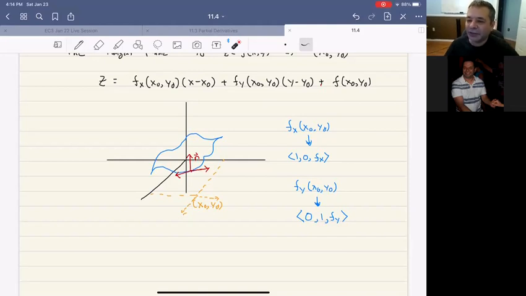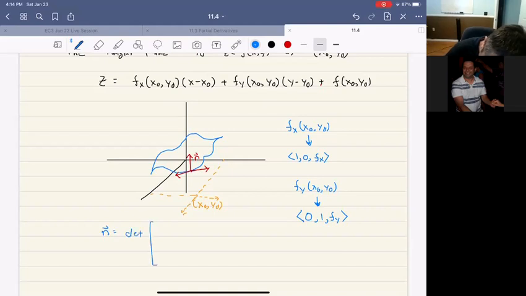Okay, so what's our normal vector? Our normal vector is going to be, as usual when we're doing cross products, the determinant of i, j, k; 1, 0, f sub x; 0, 1, f sub y.